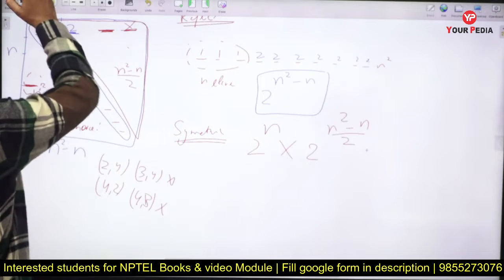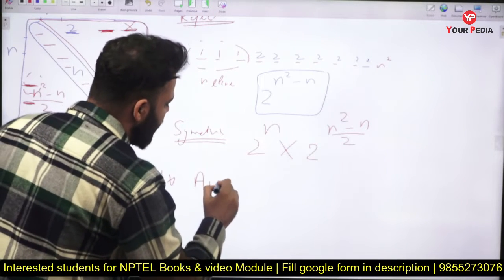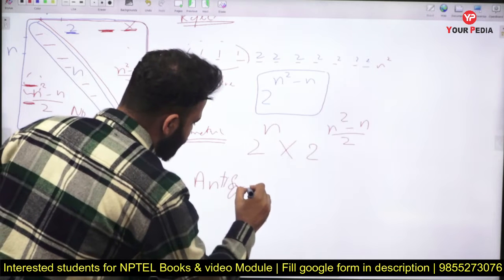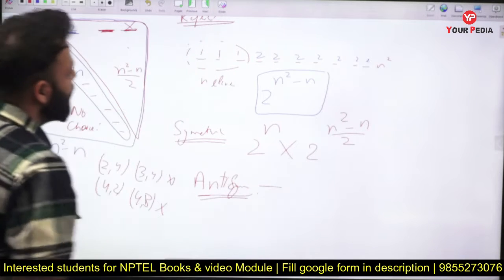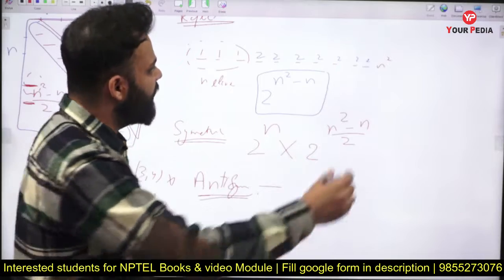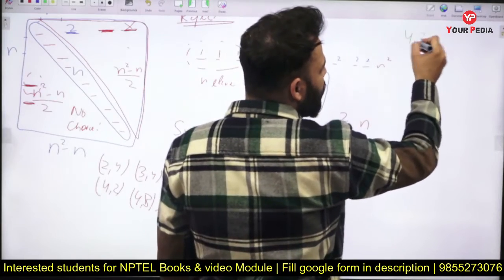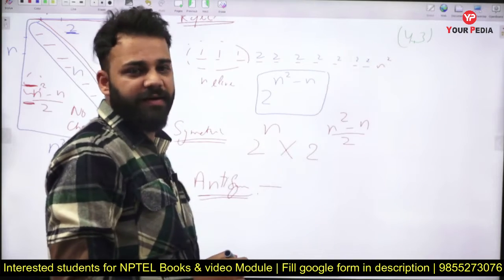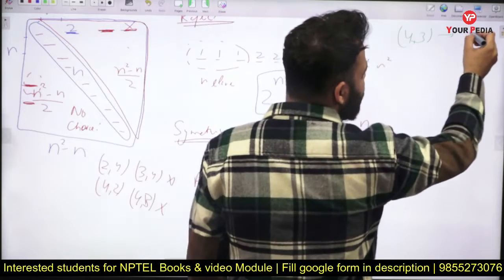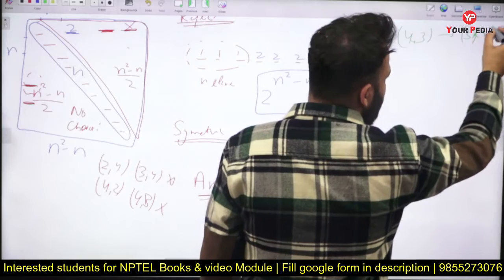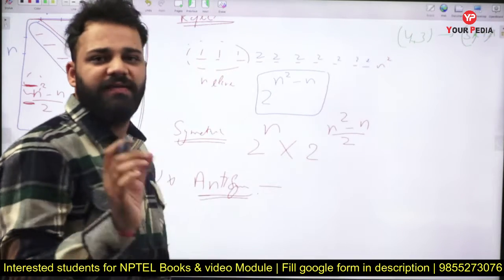Let's say we try to find antisymmetric first. Now antisymmetric denotes that, let's say if you have (4, 3) in our relation, then (3, 4) cannot come. (3, 4) will not come. So there are three cases.